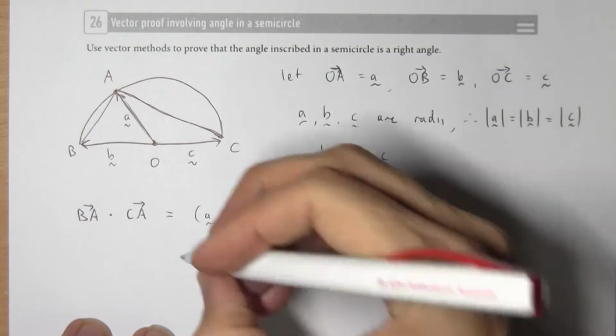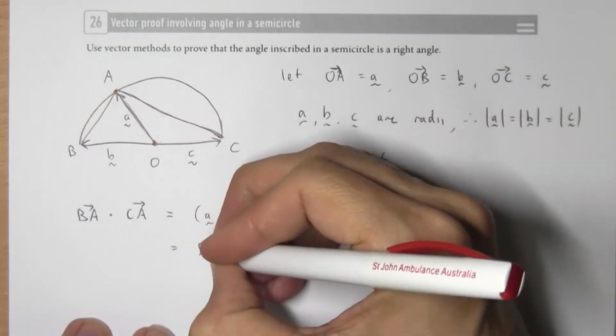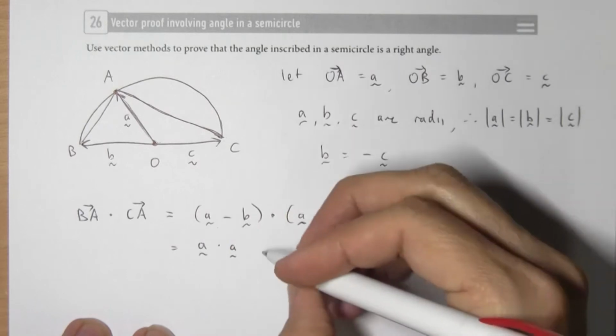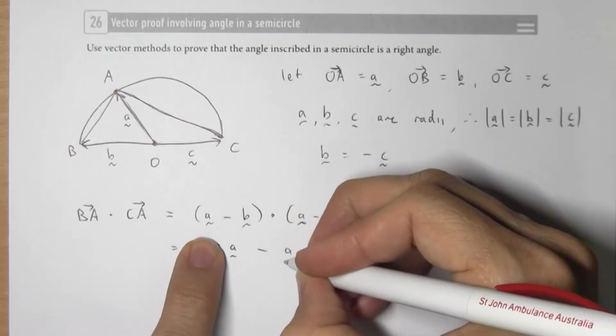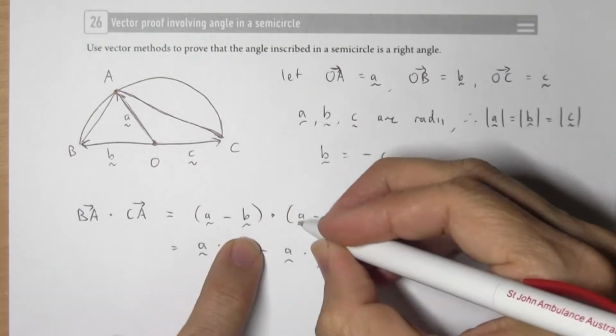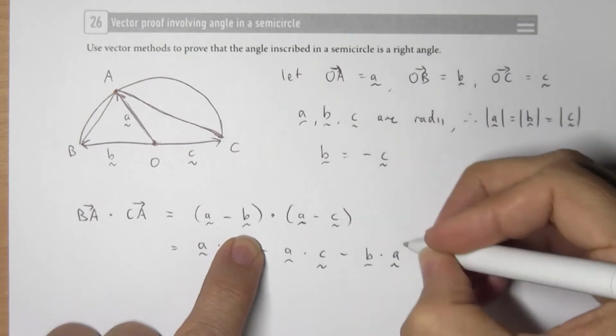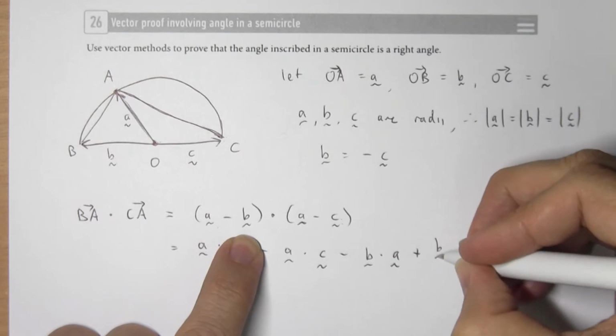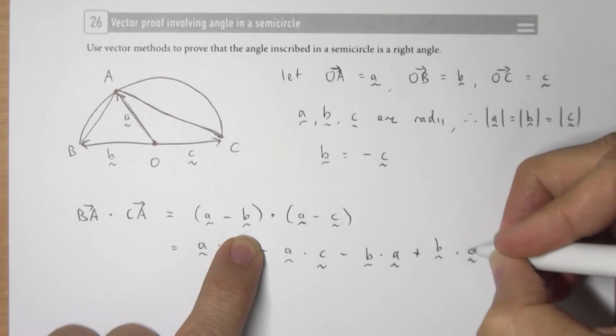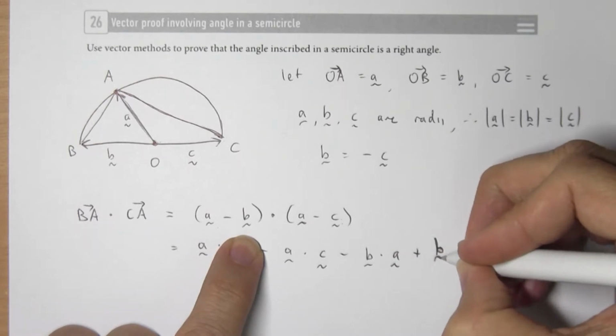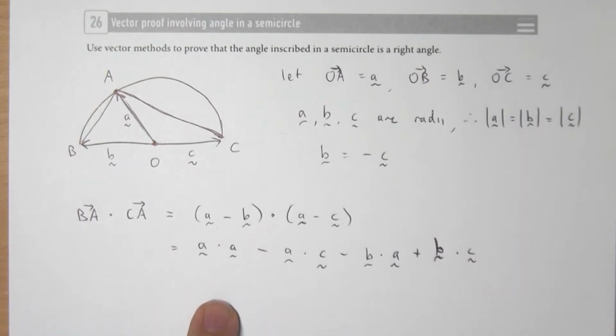Okay, let's expand those brackets. It's a dot a minus a dot c minus b dot a plus b dot c.